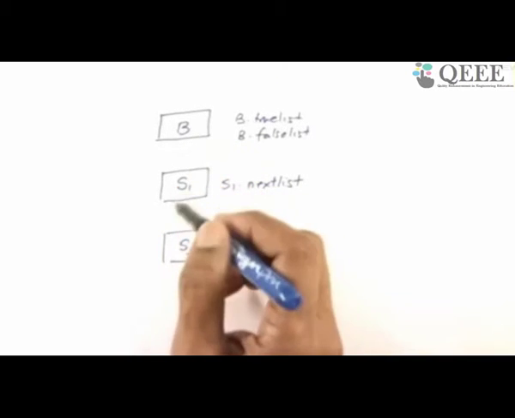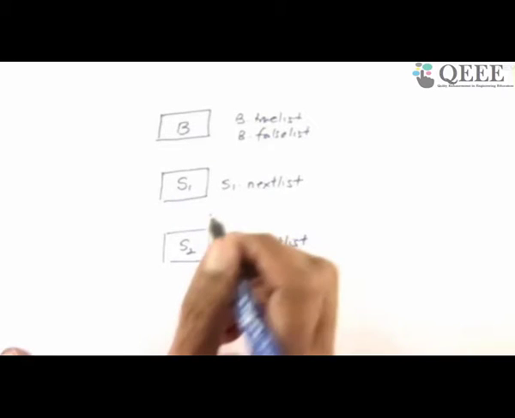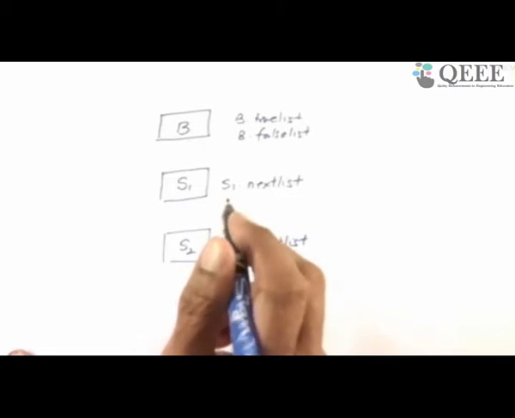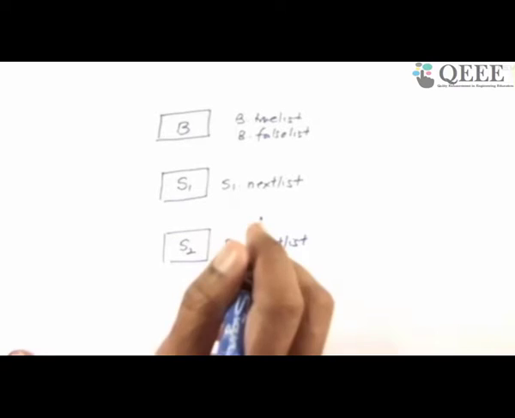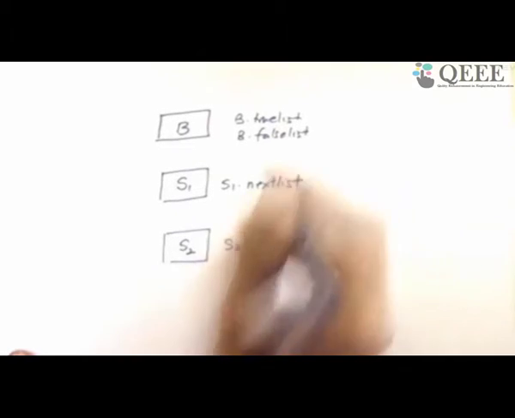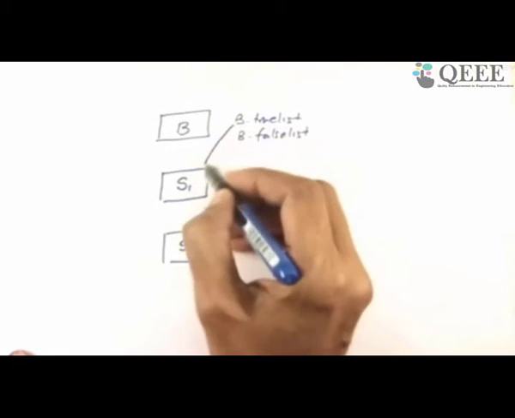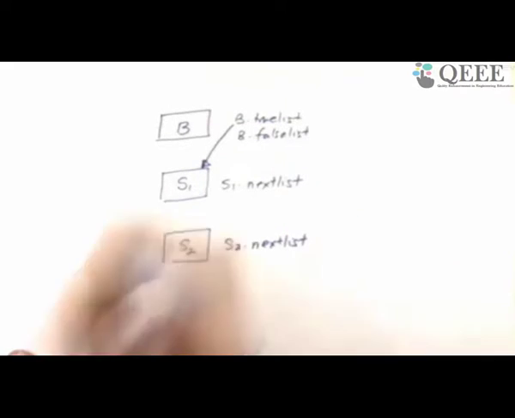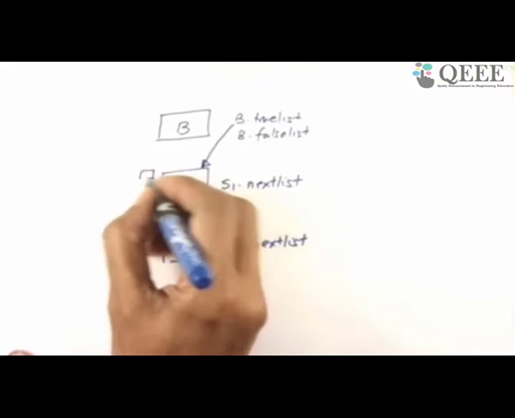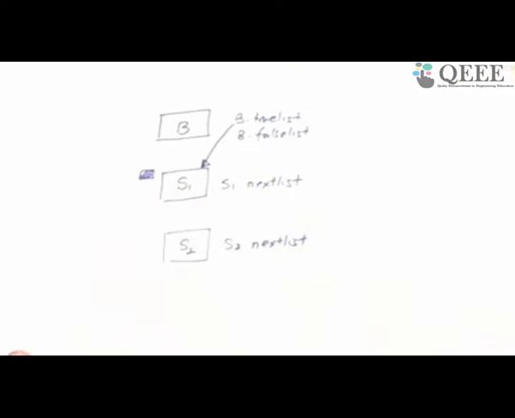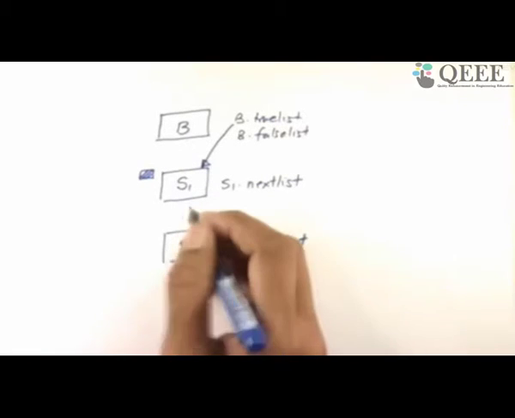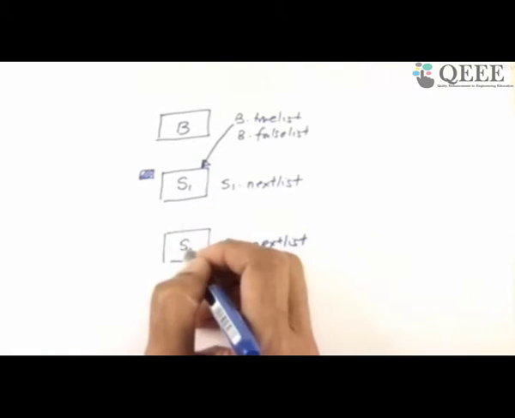Now these three different components have to be combined to make an if then else statement. So it's very clear that this true list should start executing from S1. So I need to know the first address of the statements in S1. This is required. After S1 is over, you should not get into S2, since these are if then else statements.